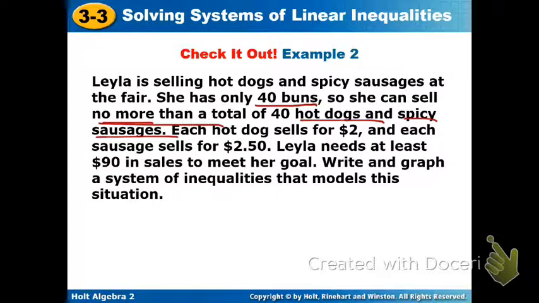We'll make hot dogs our X and sausages our Y. If she can sell no more than 40 buns, what inequality symbol do we put here? Less than or equal to. So hot dogs and sausages have to be less than or equal to 40.